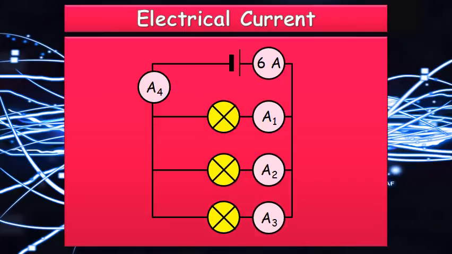Okay, this example here, we start off with 6 amps. We have 3 division points, so that's going to be 2 amps here, 2 amps here, 2 amps here, and they all combine up again to give 6 amps at the end.